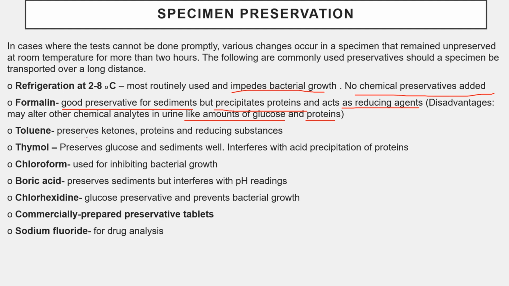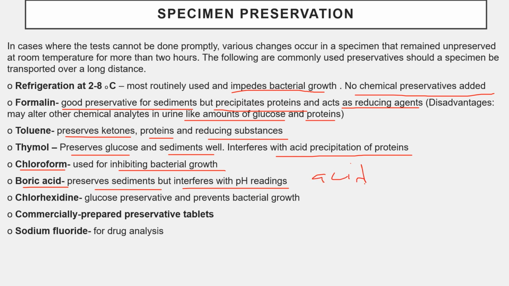Then we have your toluene, which would preserve ketones, proteins, and reducing substances. Thymol, which would preserve glucose and sediments well, interferes with acid precipitation of protein. Then we have your chloroform, used for inhibiting bacterial growth. Boric acid, which would preserve sediments but interferes with pH reading. Ang boric acid nyo, class, would make the urine too acidic.